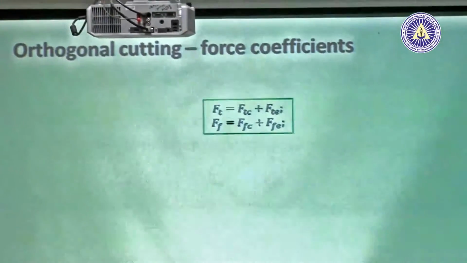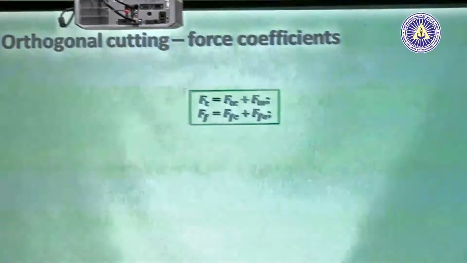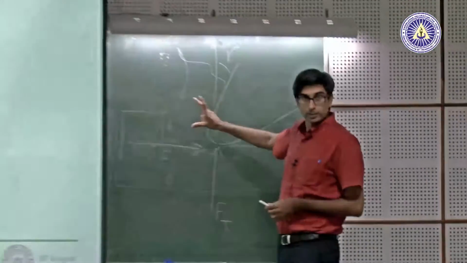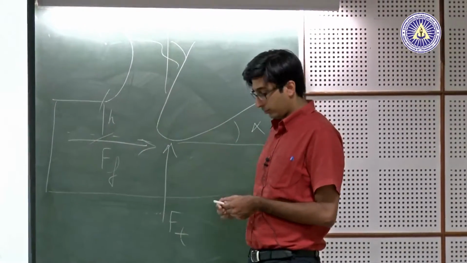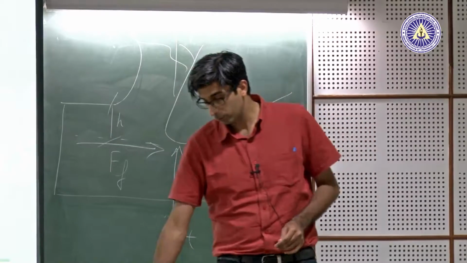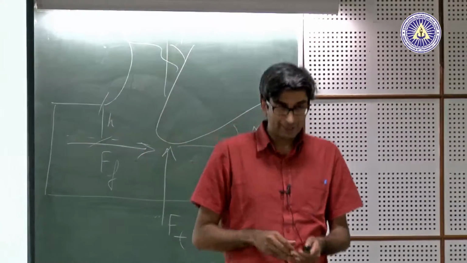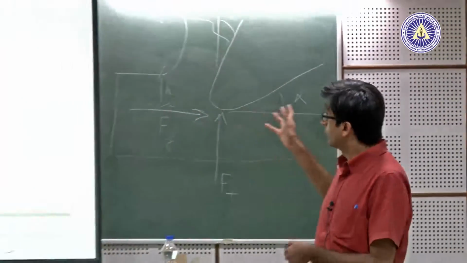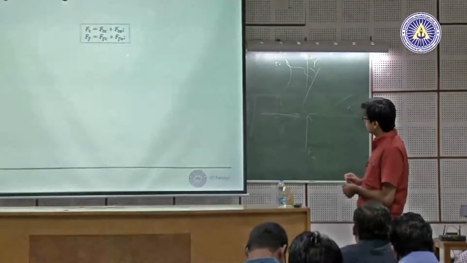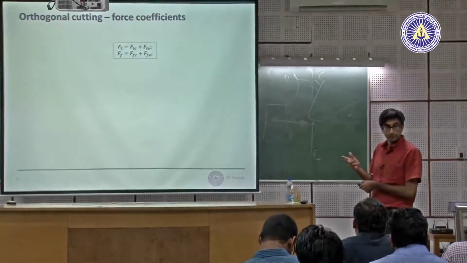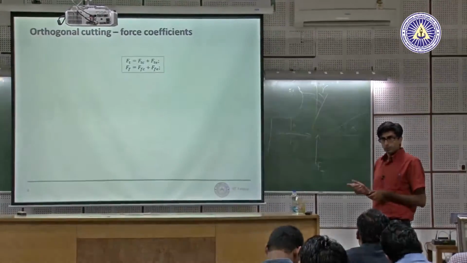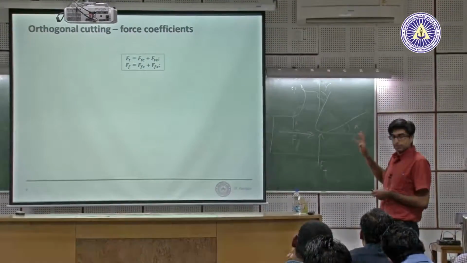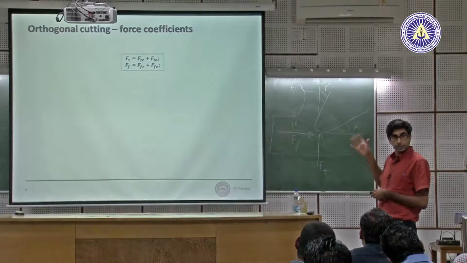The total force is, this is thrust force, this is feed force, and even when there is no cutting taking place, there's always a rubbing force or an edge force, yeah? Or the ploughing force, whatever you want to call it. So that's just what you're seeing there. 2 forces during cutting as well as during rubbing, so edge. The terminology might be a little different than what Dr. Chaudhary did yesterday, but essentially it's 2 components, thrust and feed.